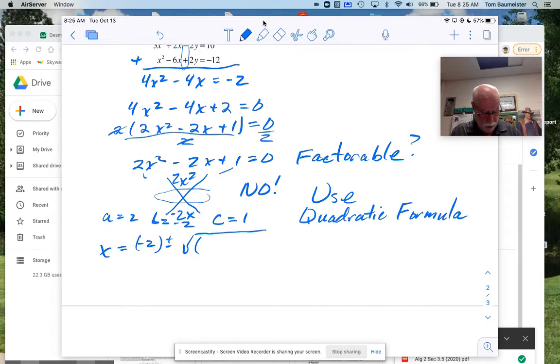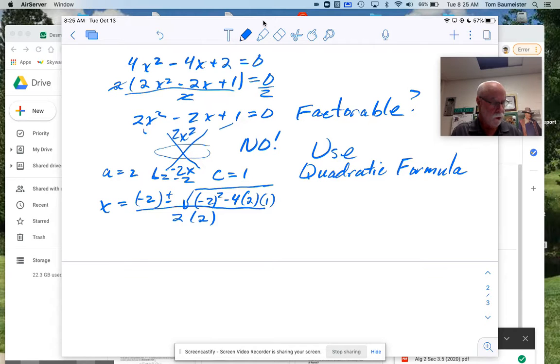Then I'll get negative b, which is 2, plus or minus the square root of negative 2 squared minus 4 times 2 times 1, all of that over 2 times 2, which is 4, not 1, I'm sorry. All right. So if we simplify that, we'll get 2 plus or minus the square root of negative 4 over 4.